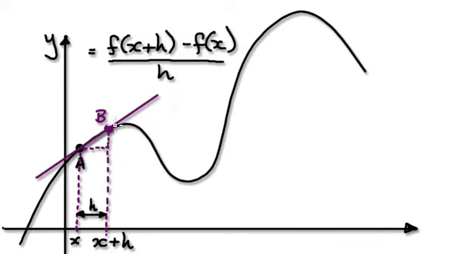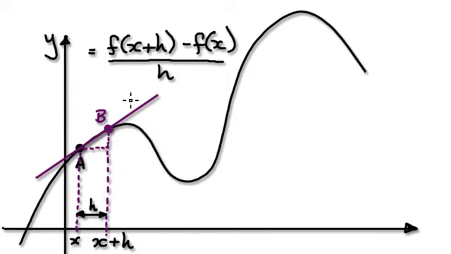But the closer we make h to 0, the more accurate the gradient will be. If you make h really small, let's say 0.00001, then it becomes more accurate. The smaller h is, the more accurate it will become.